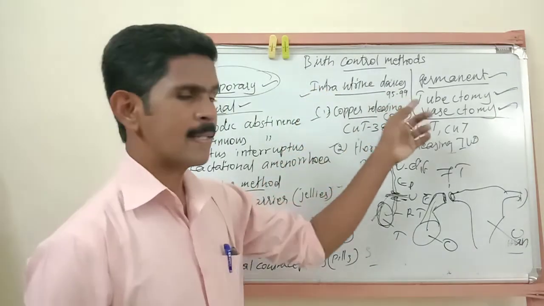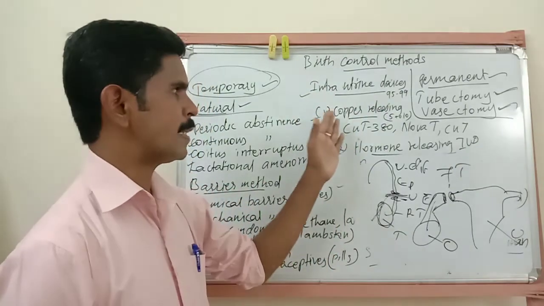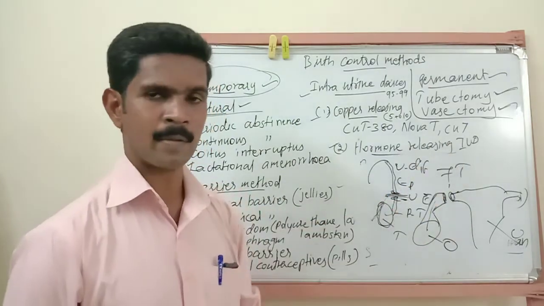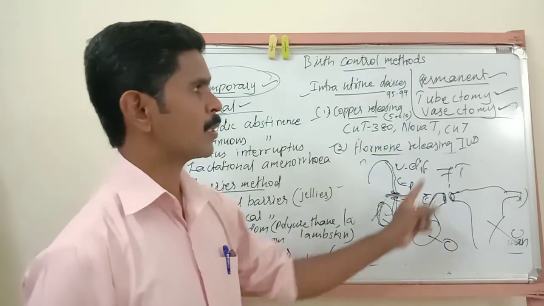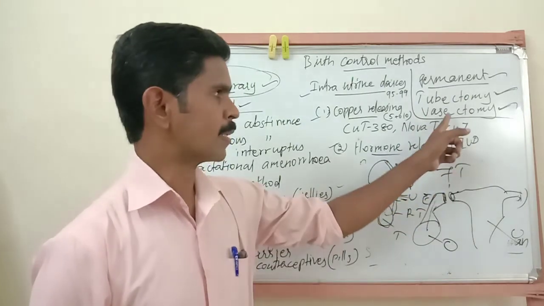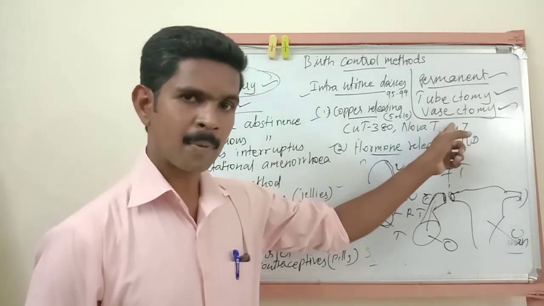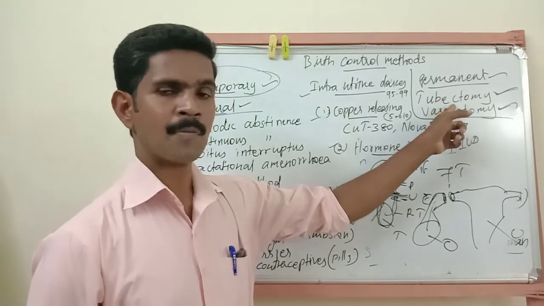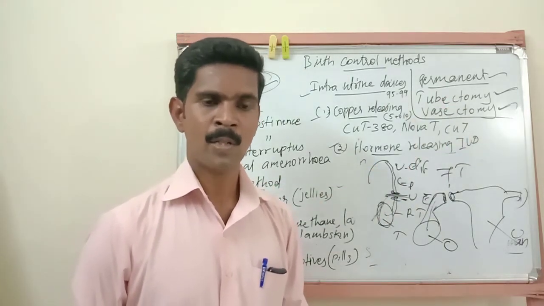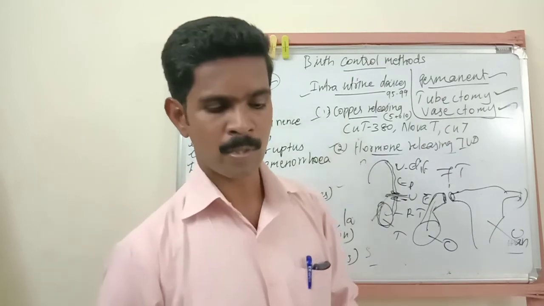Then intrauterine devices, 3 types: copper releasing, hormone releasing, and non-medicated intrauterine devices. Then permanent birth control, 2 methods: tubectomy and vasectomy. Vasectomy is performed in the male reproductive system and tubectomy in the female reproductive system. Understand, my dear students?